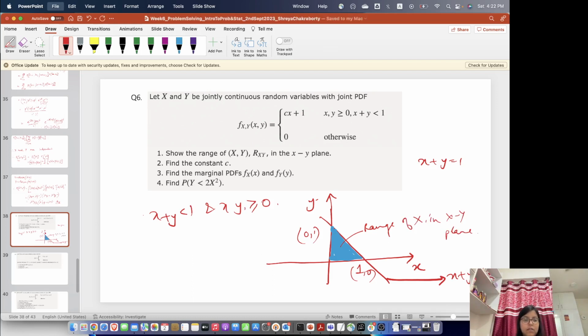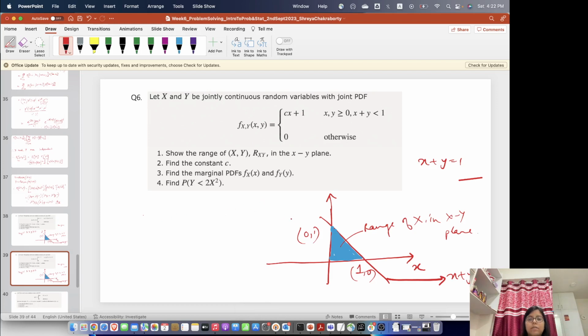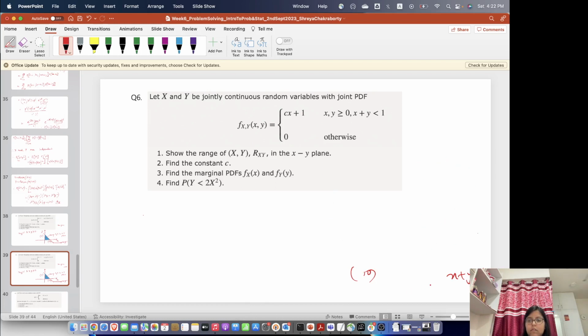The next thing is we have to find out the constant c. How will we find it?